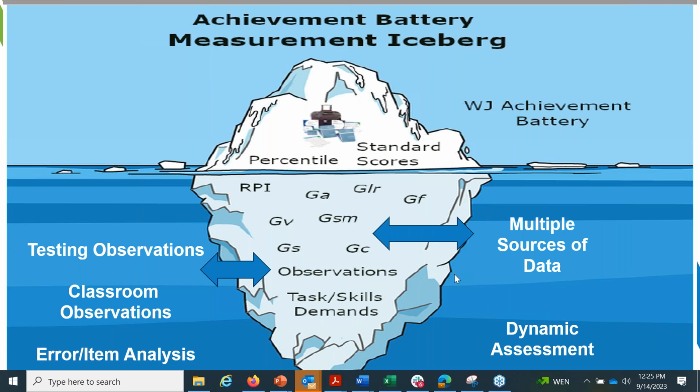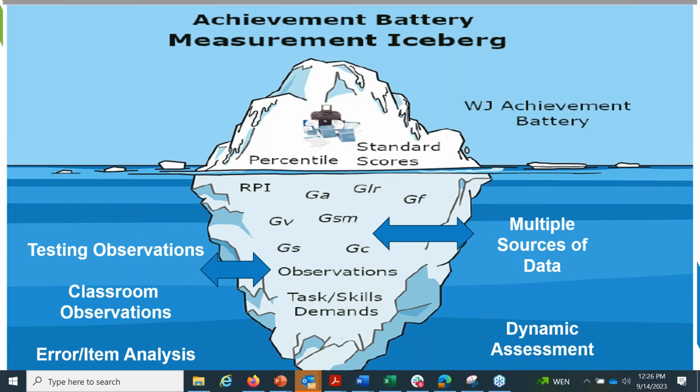We have to go below surface level to pull in the multiple sources of data that's collected from the school. We have to pull in those testing observations. We have to look at the RPI. We have to look at classroom observations. We have to go in and look at task demands. What are those task demands that are associated with each of those tests?